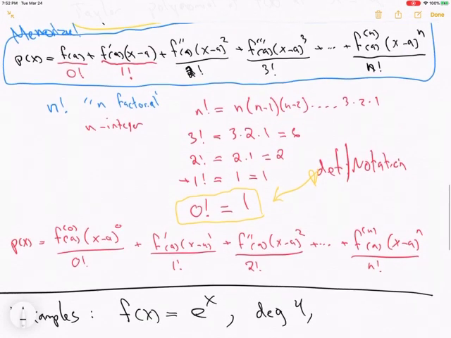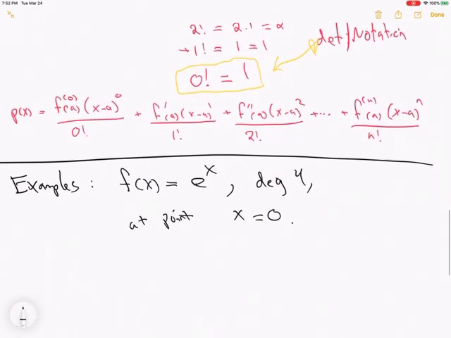Okay, so we're using this formula here. So a is 0.